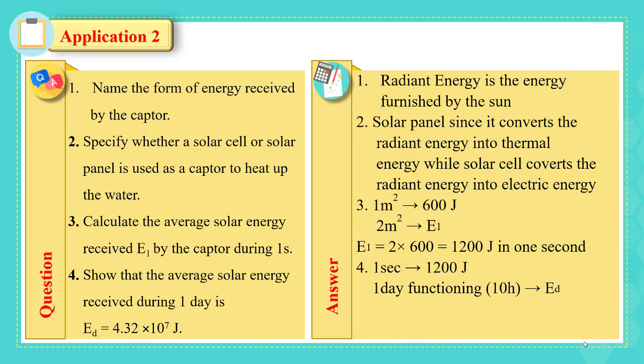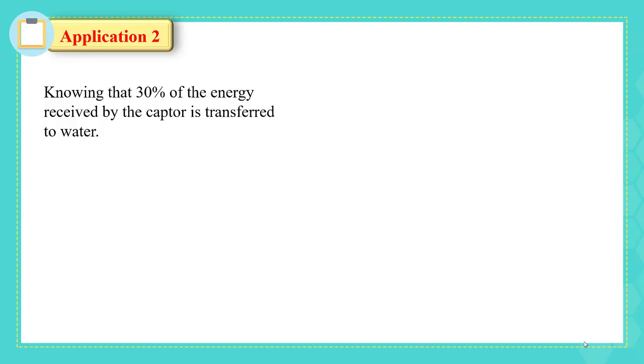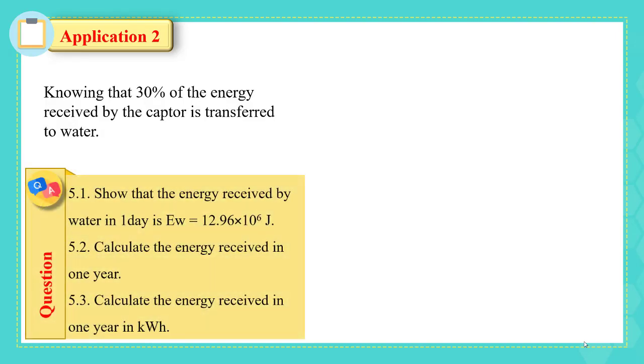Then ED is equal to 10 hours times 1200, but we have to convert hours into seconds, so we multiply by 3600 and we get 4.32 times 10 power 7 joules. Knowing that 30% of the energy received by the captor is transferred to water.